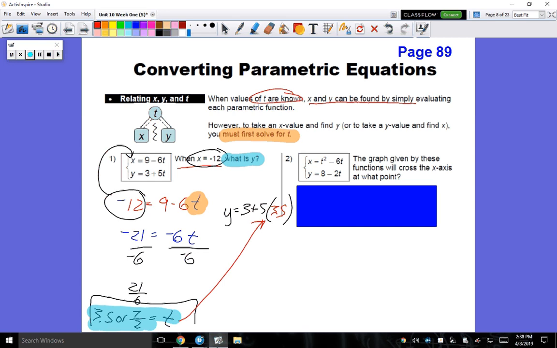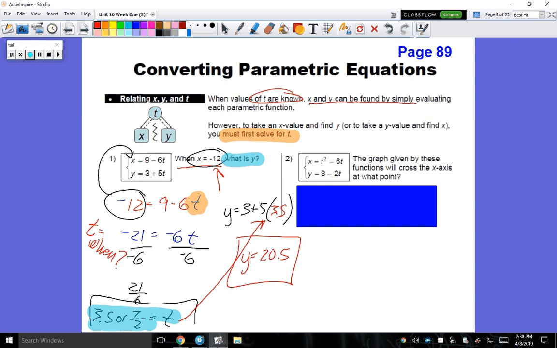And whenever you solve this out, you're going to get that y is equal to 20.5. So the answer for this is y is equal to 20.5. That is what y equals when x is equal to negative 12. Again, remember, you have to find when it happens, and that's going to say that t value in between. Okay, so let's move on.